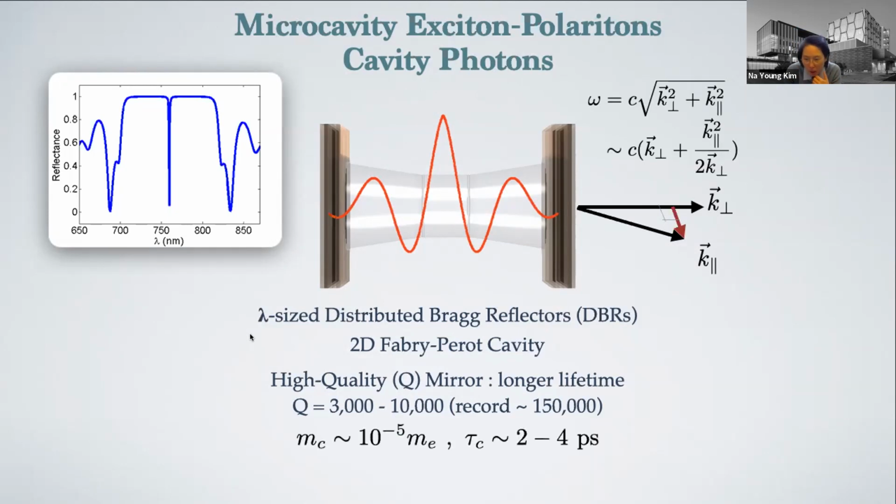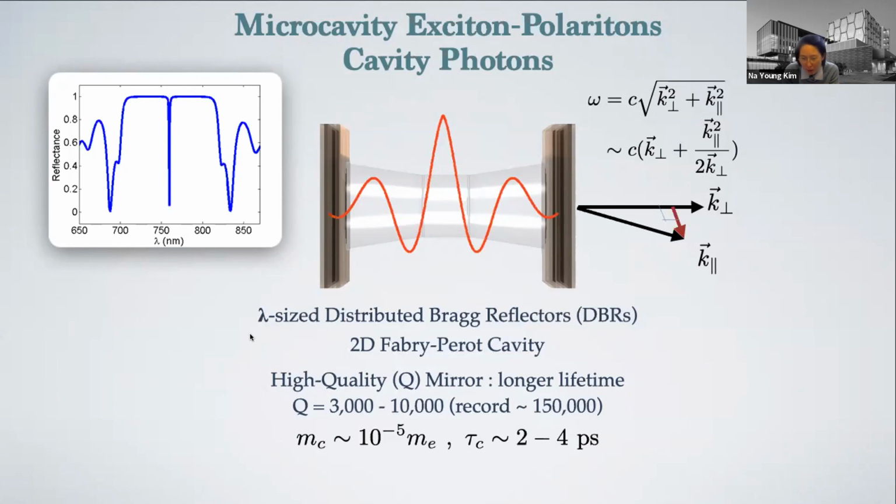For the gallium arsenide based cavity, the effective mass is about 10 to the minus 5 times the electron mass. It's very, very light. And a quality factor of 3,000 gives a lifetime of about 2 to 4 picoseconds.